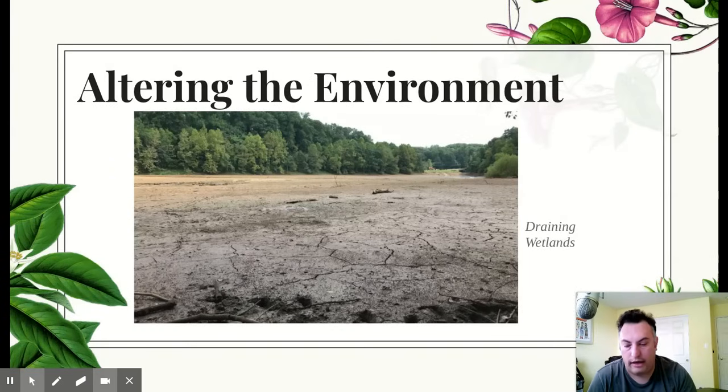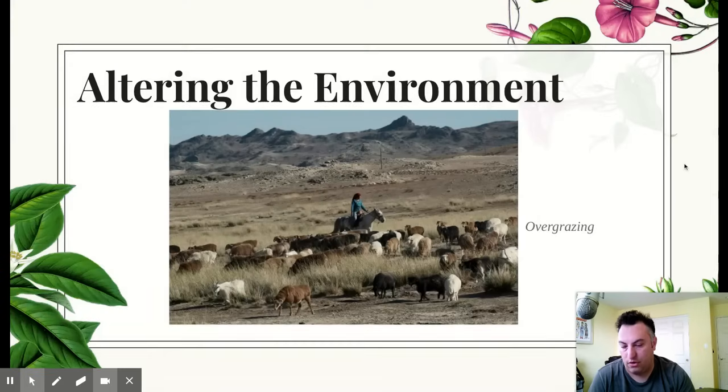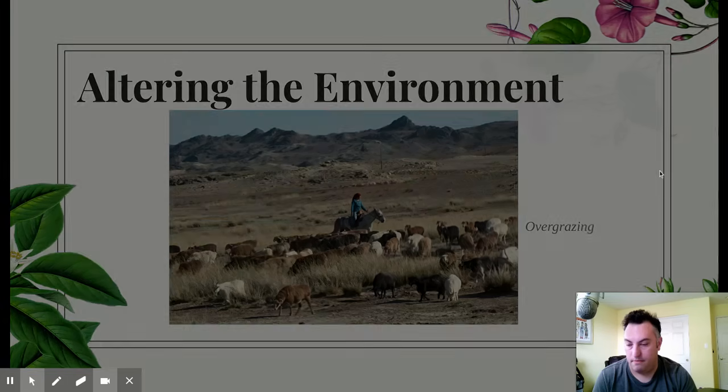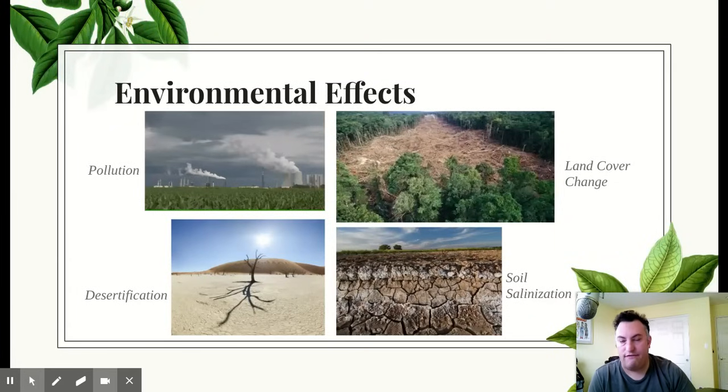Not trying to get political here, but that is altering the environment as we turn those spaces into spaces for agriculture. And then as a result of pastoral nomadism, we could have overgrazing as well, where landscapes are just not producing the grass for these animals to be able to feed and fertilize again. Okay. All right. What are the effects of all this?